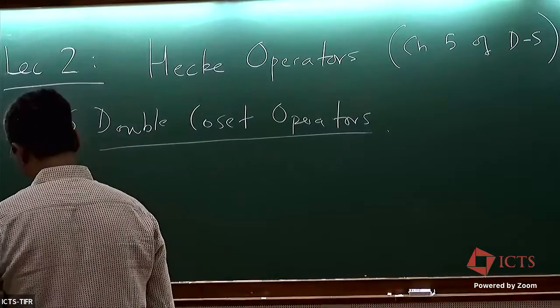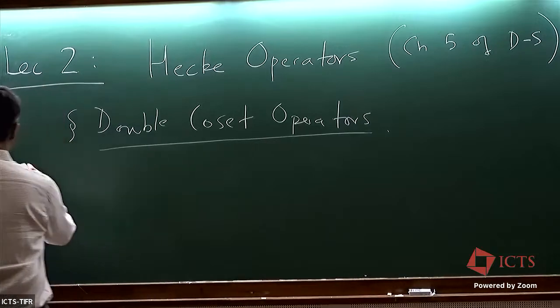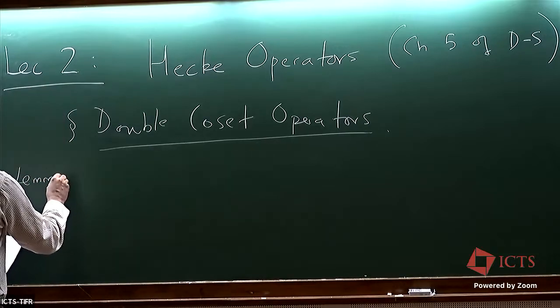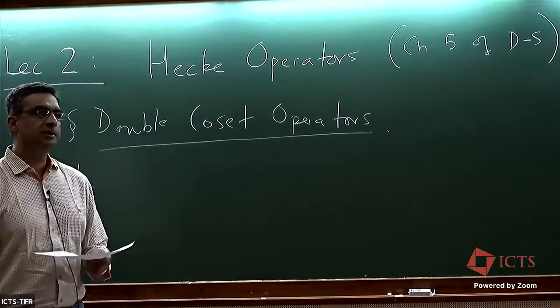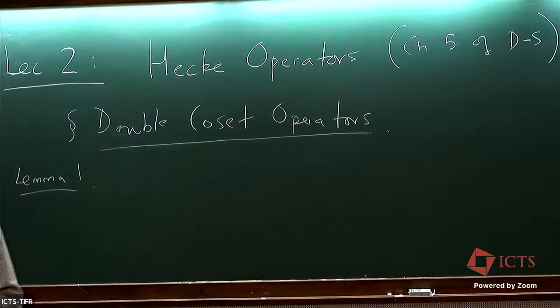Double coset operators. We need a few lemmas. Even if you've seen Hecke operators before, this sort of discussion in Diamond-Shurman is very nice. He motivates why you have these very explicit coset representatives, which is not there in most books.